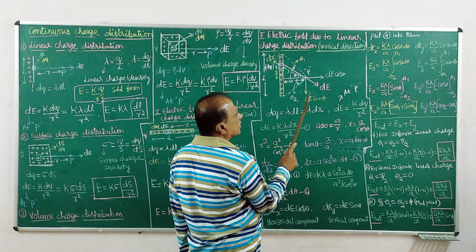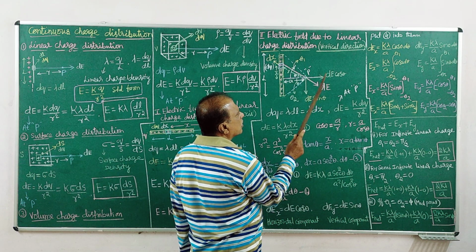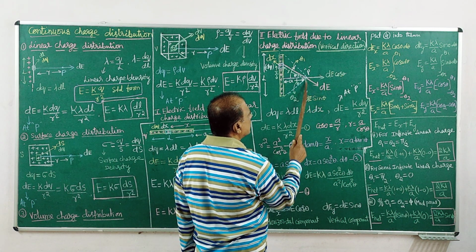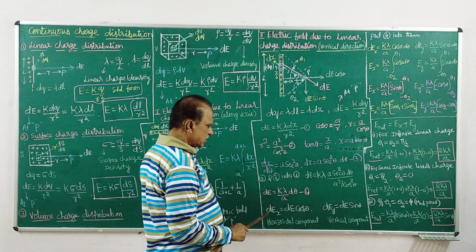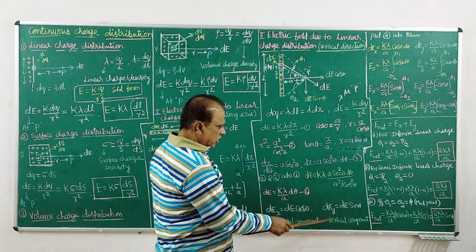That is why we resolve this vector into horizontal component and vertical component. It is x, it is y. Let us write the horizontal component as x and vertical component as y.